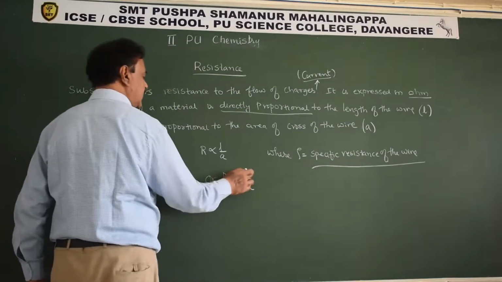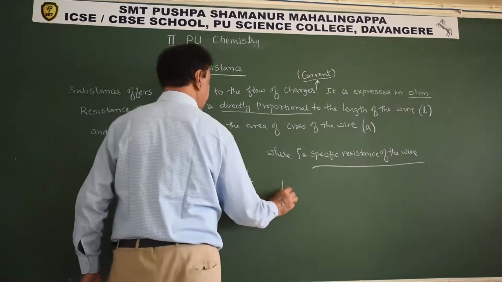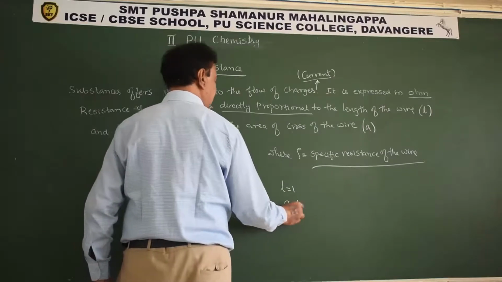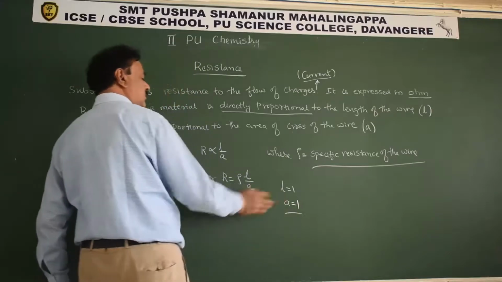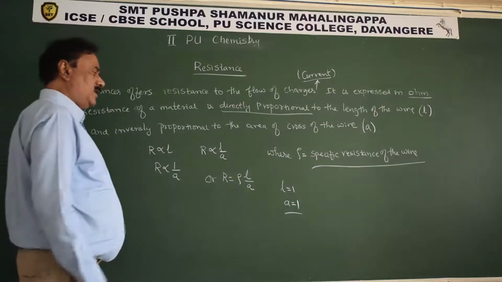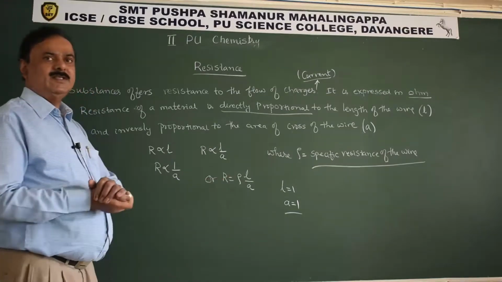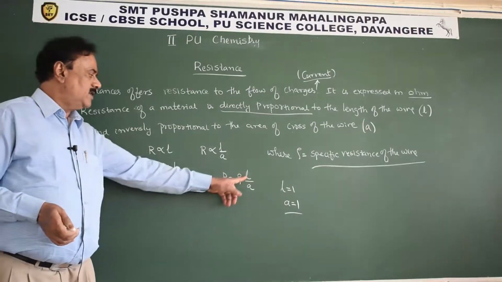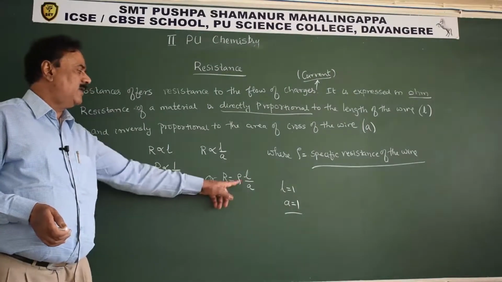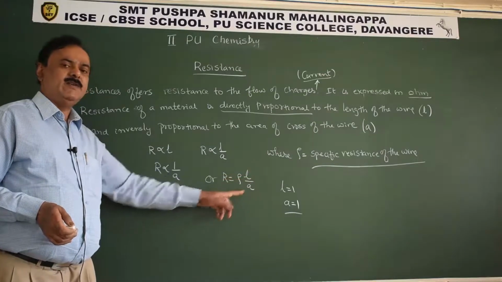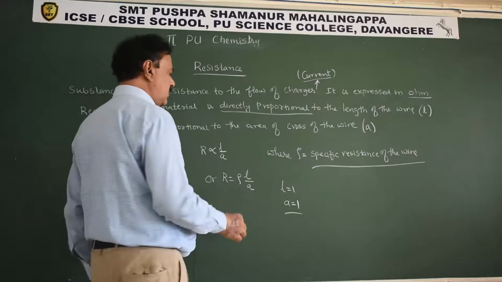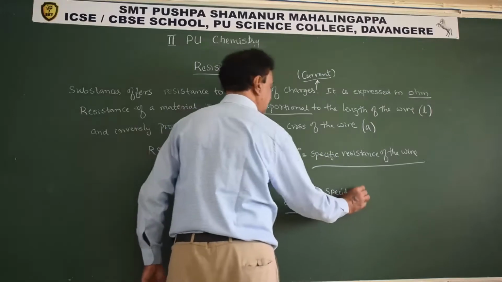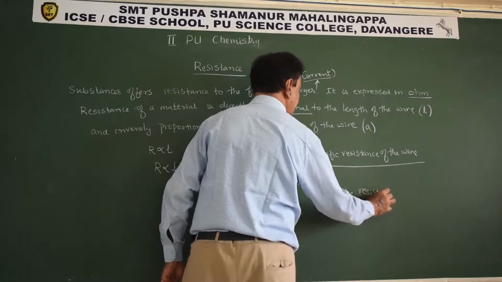Therefore, when L is equal to 1 and A is equal to 1, that is, if the area of cross section of the wire is 1 square meter and the length of the wire is 1 meter, then R is equal to rho. This is called the specific resistivity of the material, or specific resistance of the wire. Specific resistance is the resistance offered by unit length of the wire with unit area of cross section. Rho is called specific resistance.